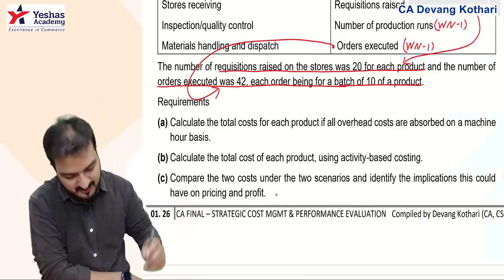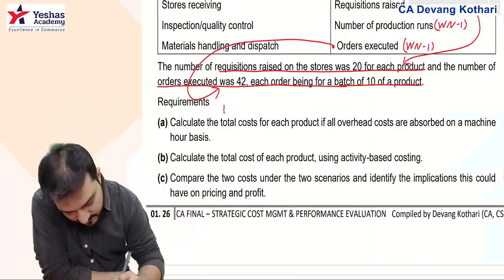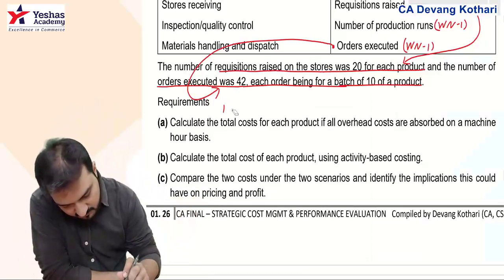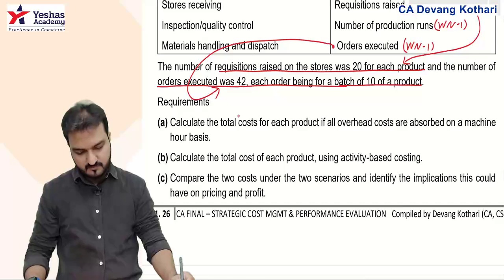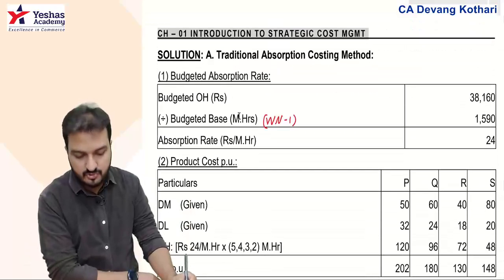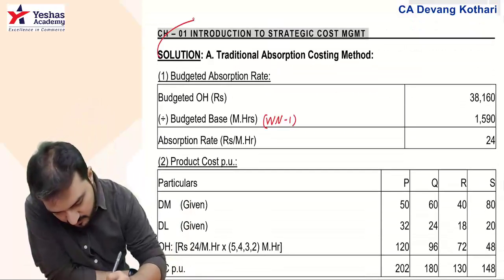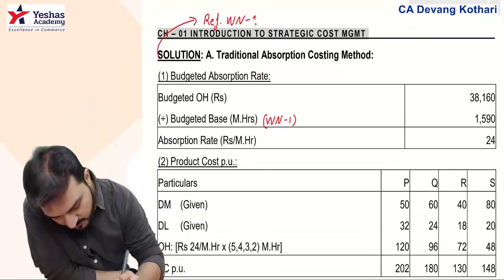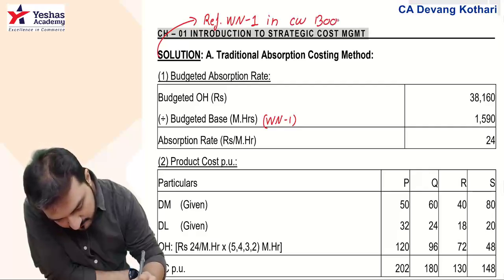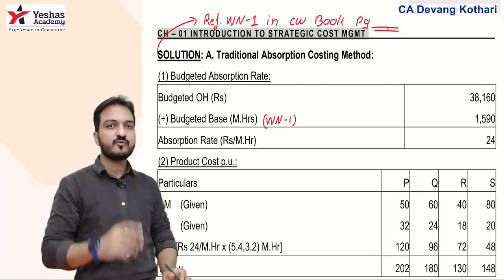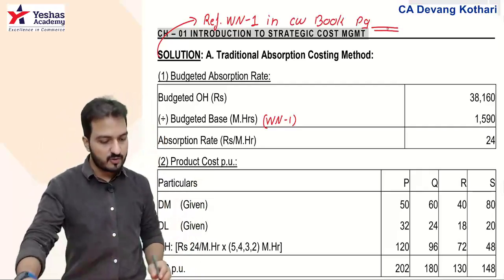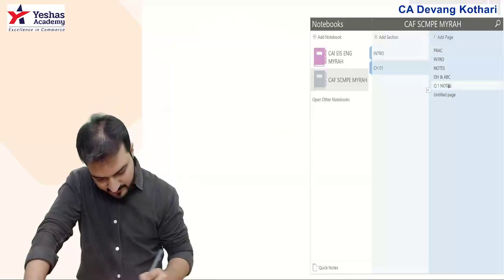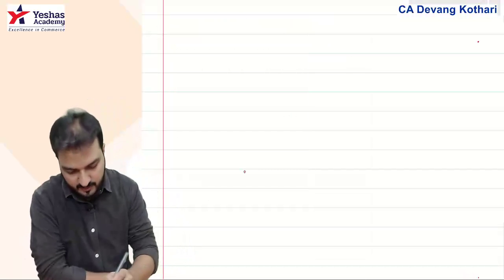After the question, before your answer, for the solution here, you write down: refer working note 1 in classwork book, page number so and so. You have to write page numbers in your book and accordingly give the cross reference here. So go to your page number, go to your book, and we'll make a working note there.